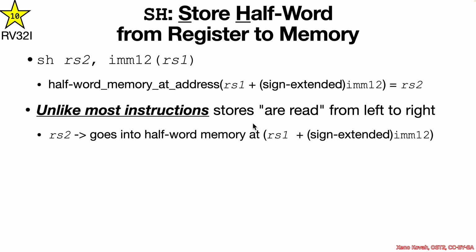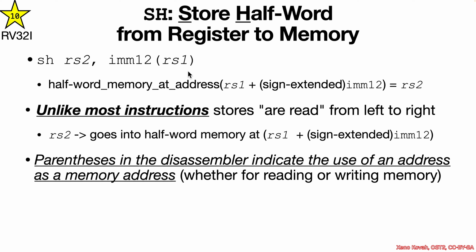And again, I'm a broken record here, thanks to the miracle of copy and paste. Unlike most instructions, stores are read from left to right. This arrow goes that way. For everything else, it goes the opposite direction. And the parentheses specifically in the disassembled output indicate that something is being used as a memory address, and there is going to be a dereferencing of memory for either reading or writing.